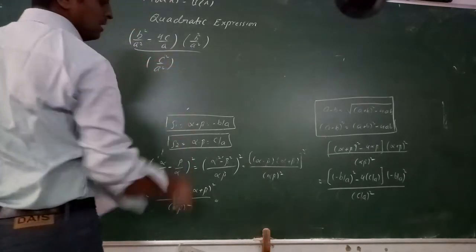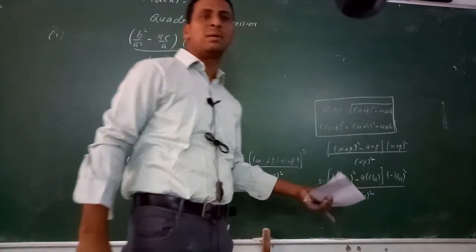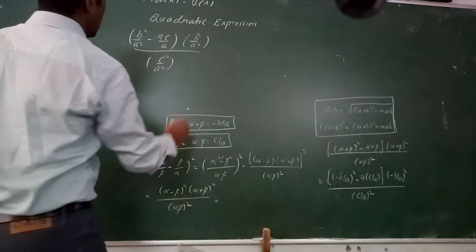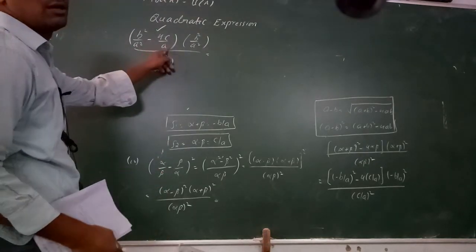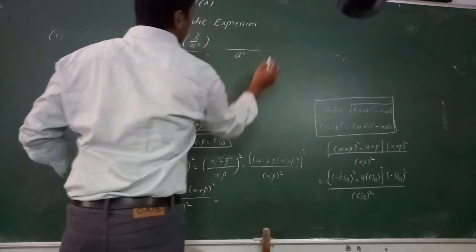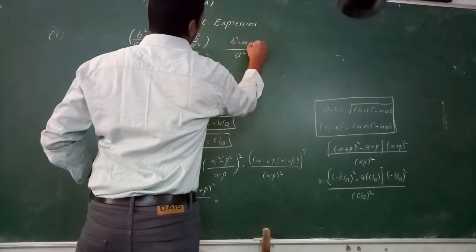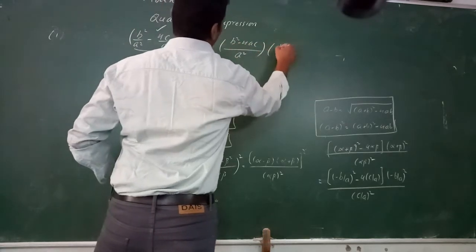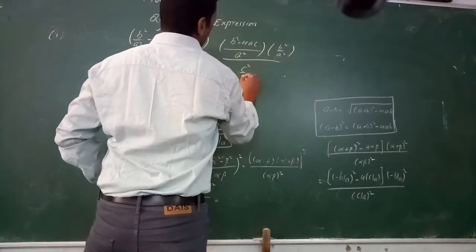We can write the denominator individually, c by a whole square, applying the square. Here the denominator LCM is a square. So the numerator is b square minus 4ac, over a square, divided by c square by a square.